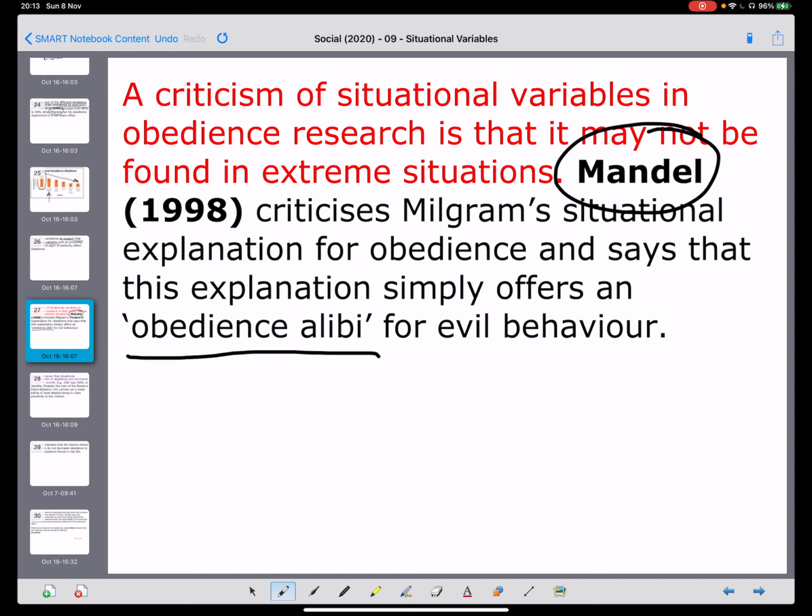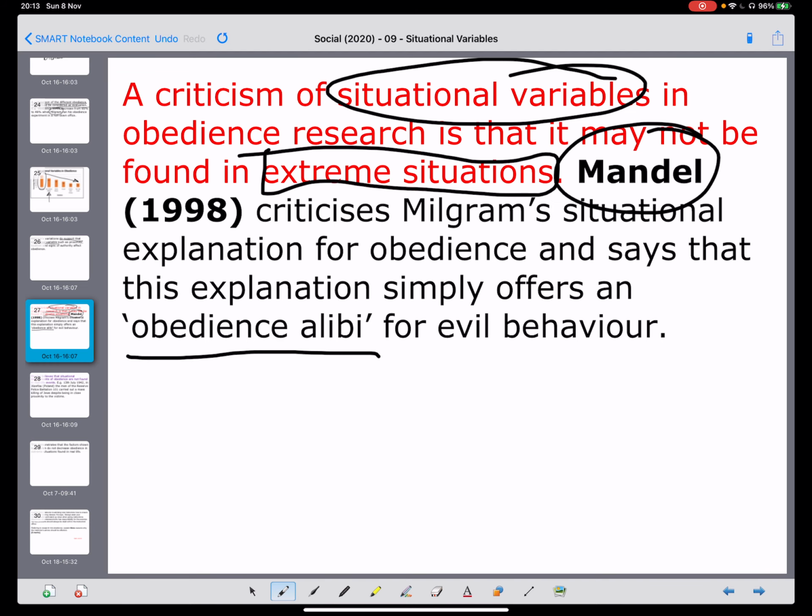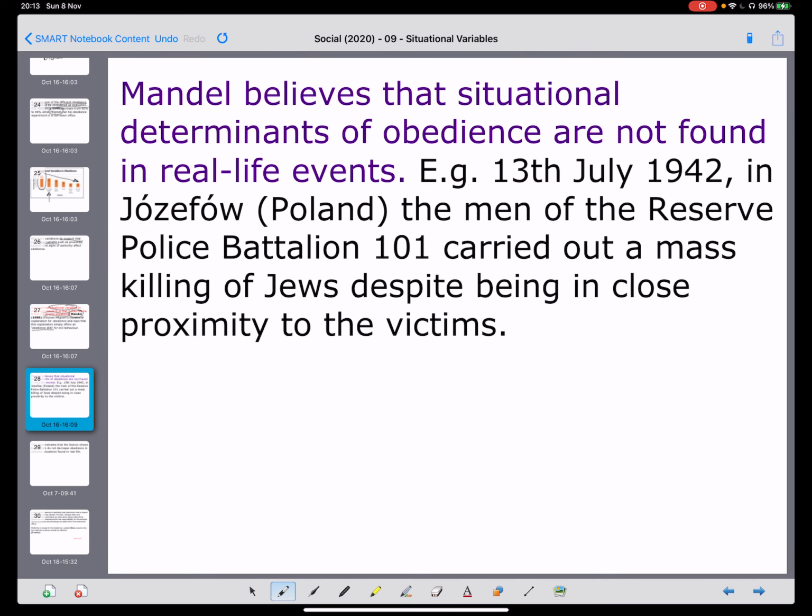So let's go back to my criticism here. He's criticizing specifically the situational variables, saying that they do not explain extreme situations. So let's give an example of an extreme situation. For example, on the 13th of July, 1942, in Poland, the men of the police battalion 101 carried out a mass killing.